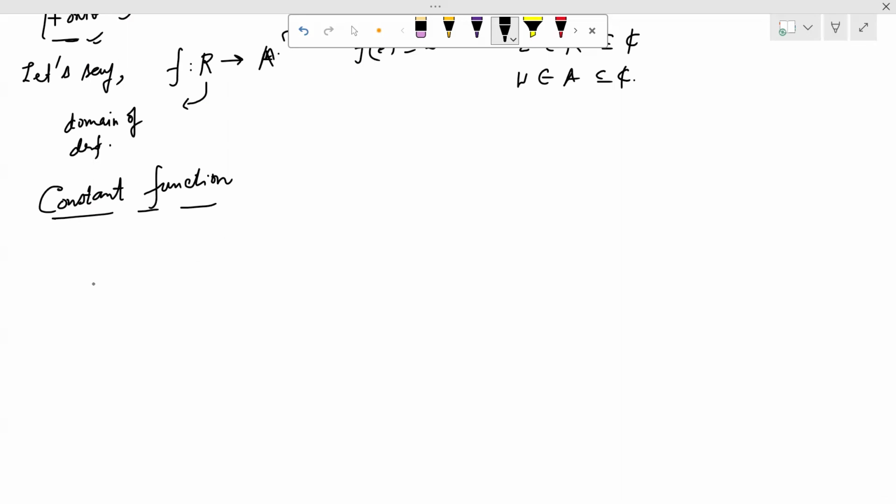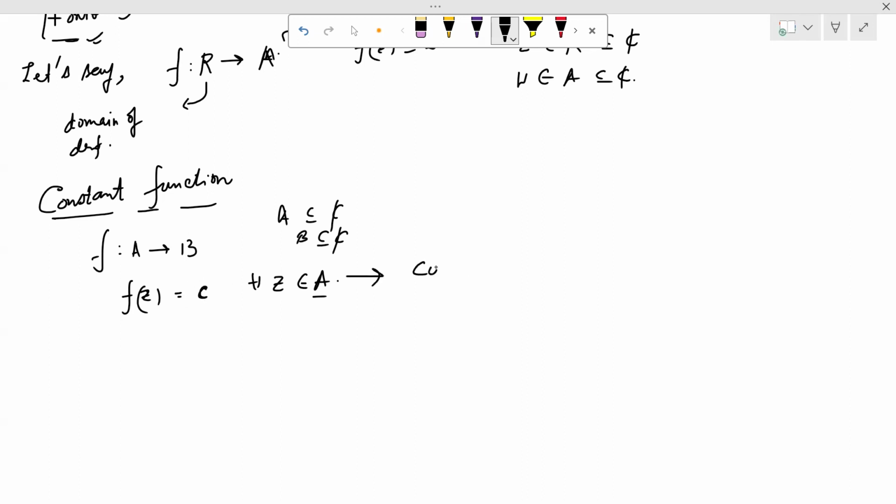So if you're defining a function from A to B, where A is a subset of C and B is a subset of C, the function is said to be constant if B contains only one element, that is c, for all z belongs to A. So if f(z) is equal to c, that is, if the set B contains only a single point c, then we say this kind of mapping is a constant mapping or the function is a constant function.